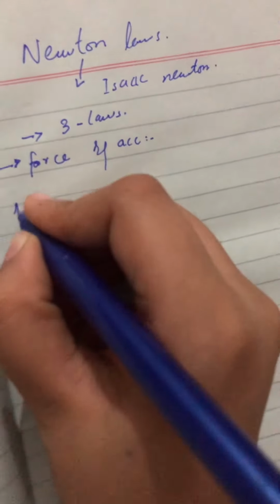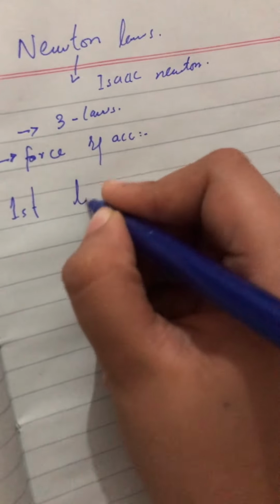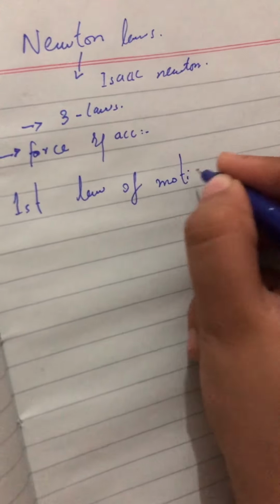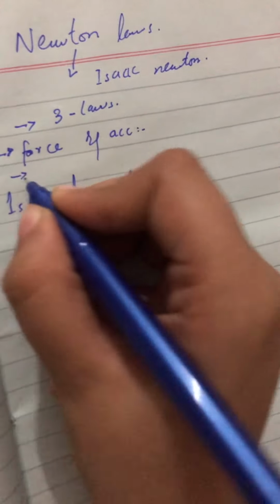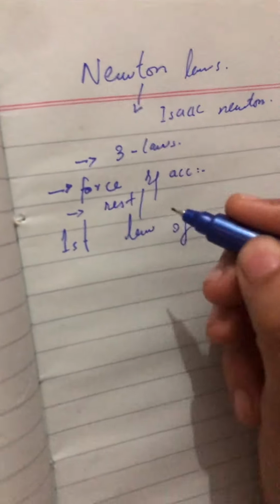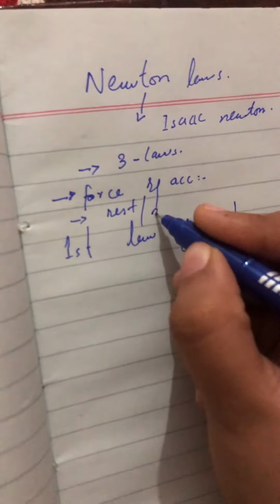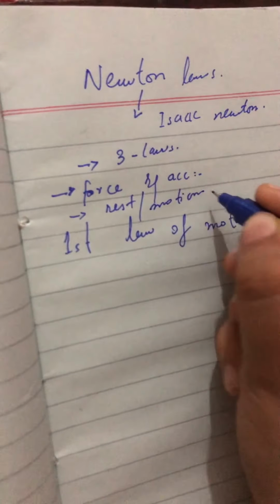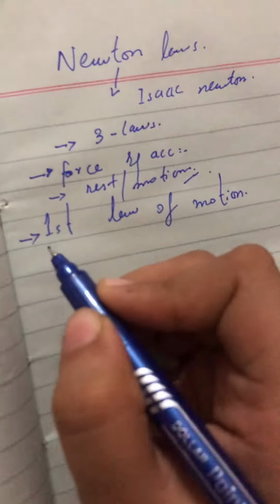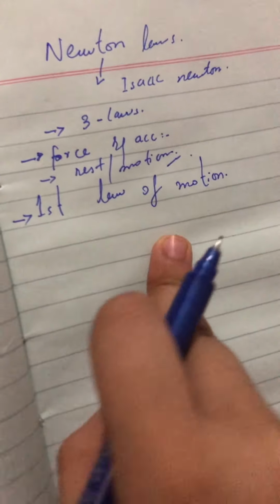So if we talk about the first law of motion, these laws are given about rest and motion, or force and acceleration. So, the first law of motion. What is this first law?